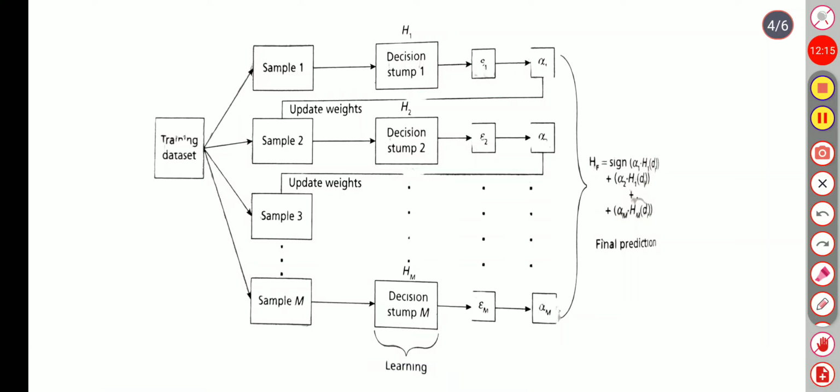These bootstrap samples need to be trained. Why am I using these bootstrap samples? The question obviously arises in your mind, why am I using the bootstrap samples, sir? Because this particular data set consists of similar and dissimilar data.